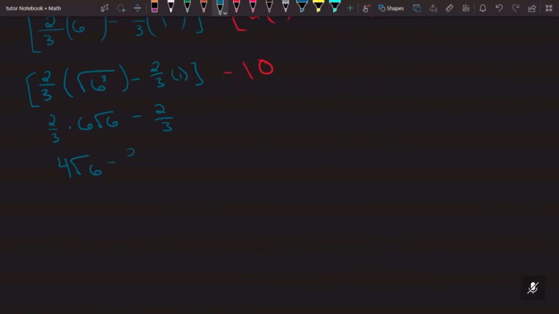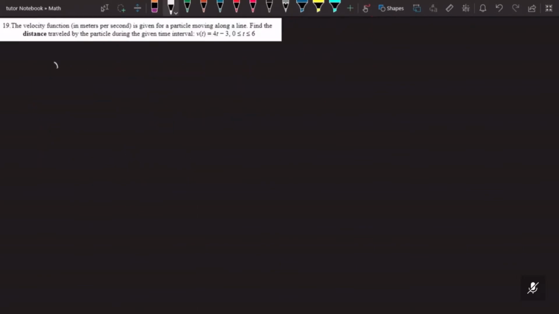Two-thirds times 6 is 4. And 10 is equal to 30 over 3. This allows us to combine our fractions of thirds. So now we have 4 root 6 minus 32 over 3.